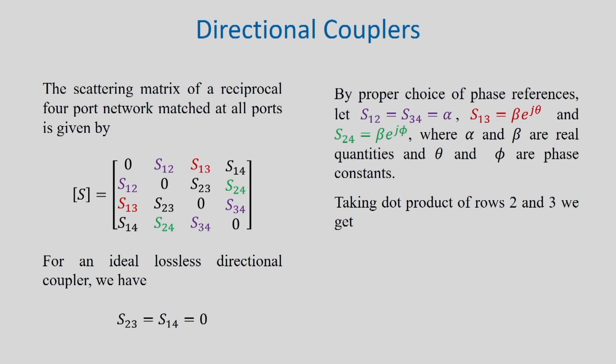Now, if you take dot product of row 2 and row 3, then what we get? S12 conjugate S13 plus S24 conjugate S34 is equal to 0. We get the same from columns 2 and 3 as well.